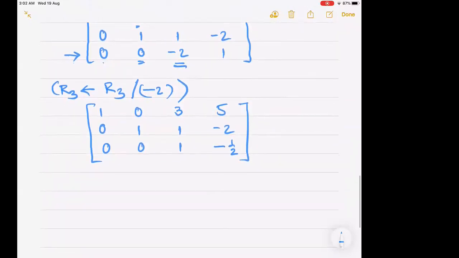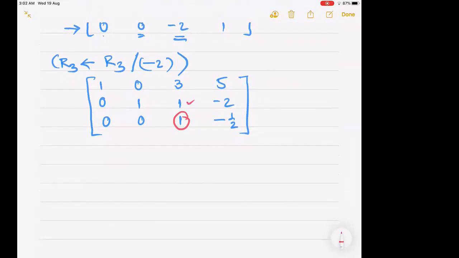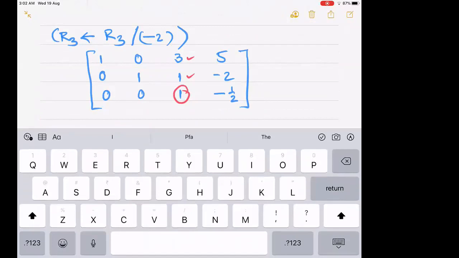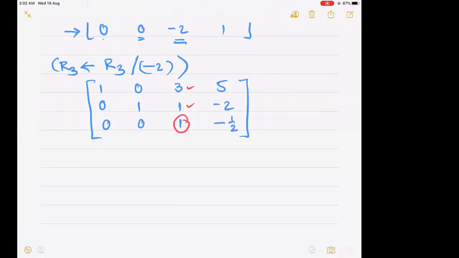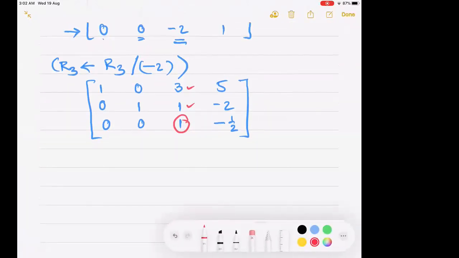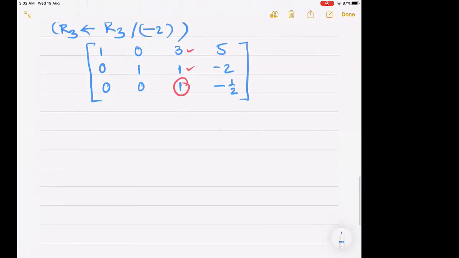Okay, and of course now this guy would be my leading term. If this guy is the leading term, then now I have to make this guy 0 and this guy 0, right? So let us try and do that. So what changes should I do?